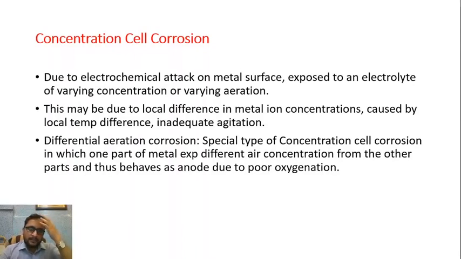Most of the time, this type of corrosion occurs when a metal rod or structure is dipped in a liquid which is not properly agitated or mixed, because whenever mixing or agitation takes place, the concentration of electrolyte or even oxygen is always uniform.